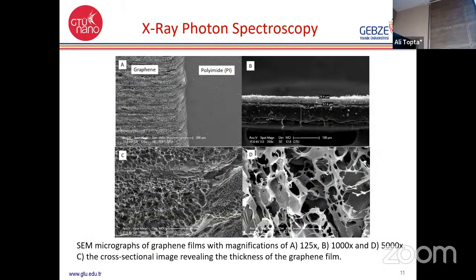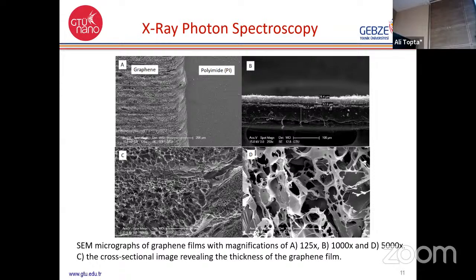If we want to have a closer look at the graphene, there's a polyamide surface here. It's extremely smooth. There's the laser converted graphene. Now that looks a little bit different, right? So this is an extremely porous film, and the thickness of that film is around 30 microns.